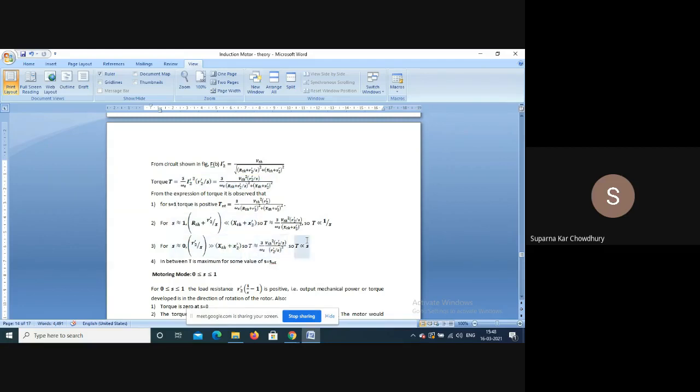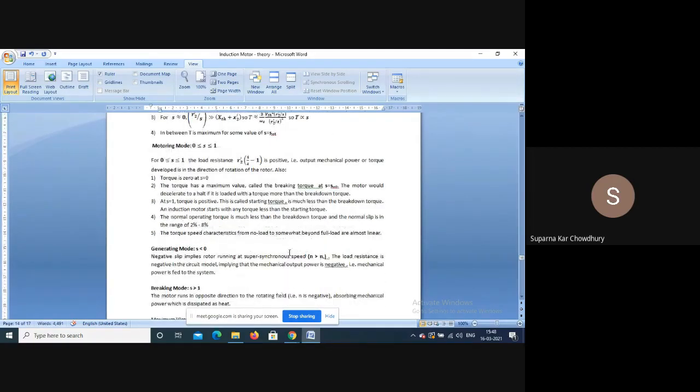So neglecting others, torque will be approximately proportional to 3 by omega S V Thevenin squared R2 dashed by S divided by (R2 dashed by S) squared. So approximately T is proportional to S. Near the synchronous speed, it is approximately proportional to slip, and after starting, it is inversely proportional to slip. In between, somewhere torque is maximum, at a value of slip, say, S equal to SMT.